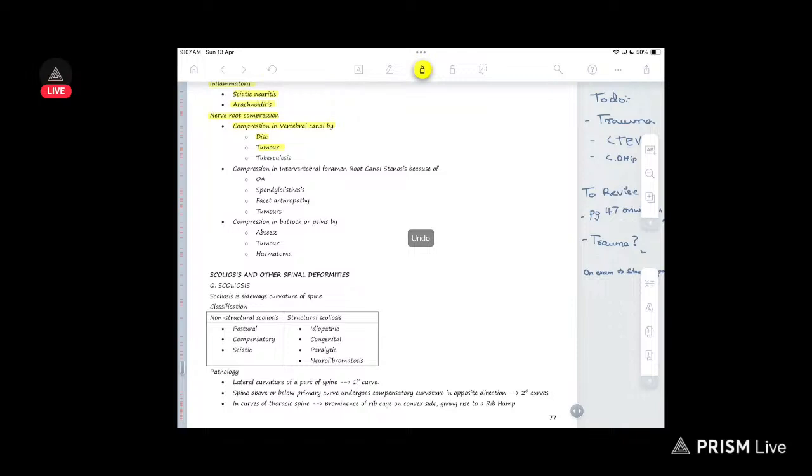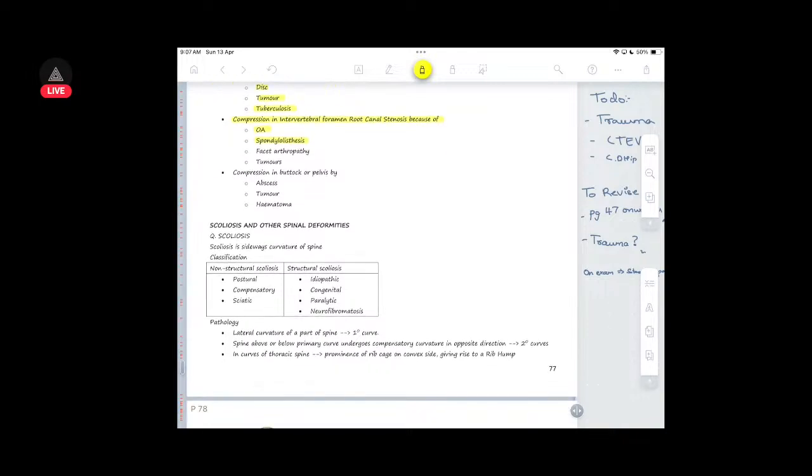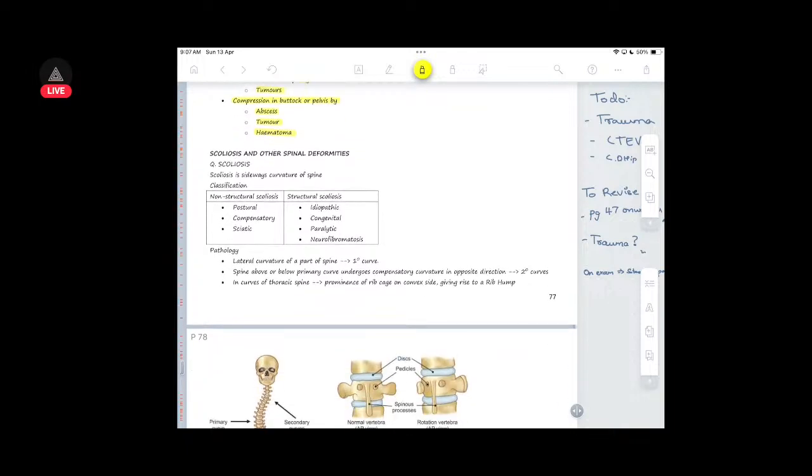Compression in the intervertebral foramen, root canal stenosis, occurs due to osteoarthritis, spondylolisthesis, facet arthropathy, and tumors. Compression in the buttock or pelvis can occur by abscess, tumor, and hematoma.